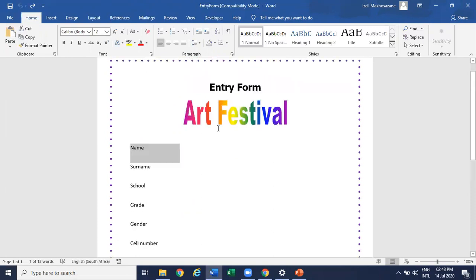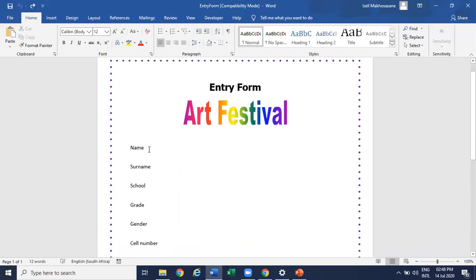So when they are planning an art festival, their plan needs to accommodate everyone. So that's why they would make an entry form. This entry form is in the form of a survey or a questionnaire. Yes, all right, so name, surname, school, gender, grade, gender, cell number.